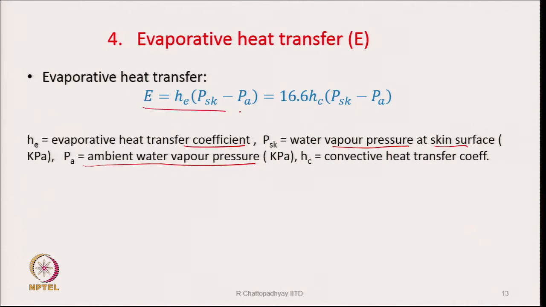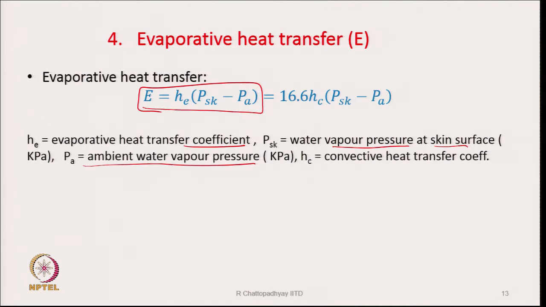So, from this formula we can find out what is the evaporative heat transfer from the skin because of the evaporation of the liquid sweat from the skin, or the insensible evaporation that is continuously happening, and from that how much heat is going to be lost.